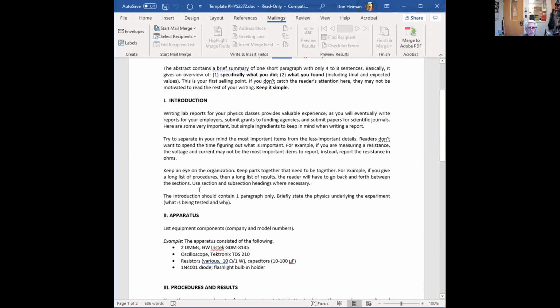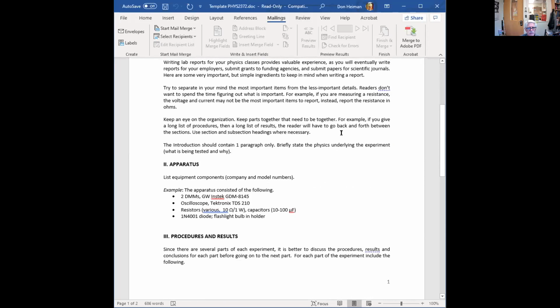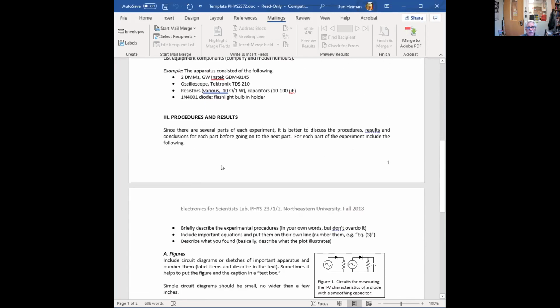Keep an eye on organization. Introduction should only be 1 paragraph. List of equipment. Procedures and results. Briefly describe the procedures. You have to include all the equations.